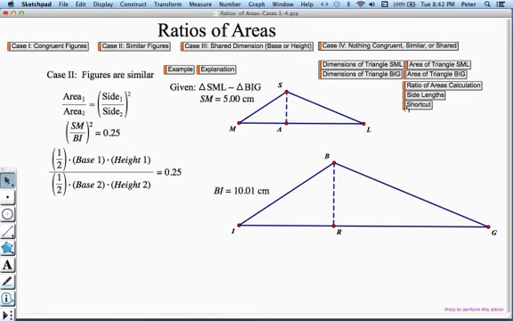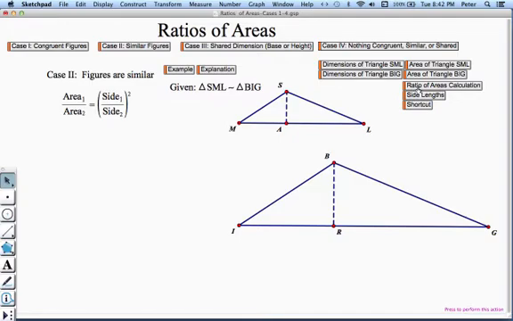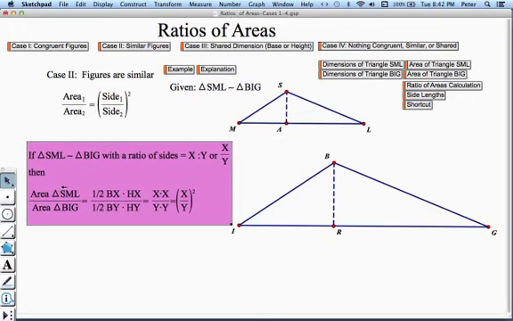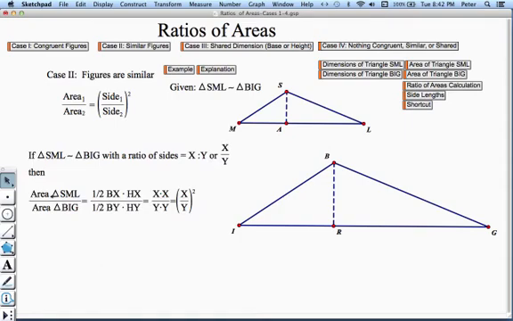Okay, but why is that? All right, well, let's take a look at an explanation and see if we can't figure out why all this is true. Well, it really comes down to this.